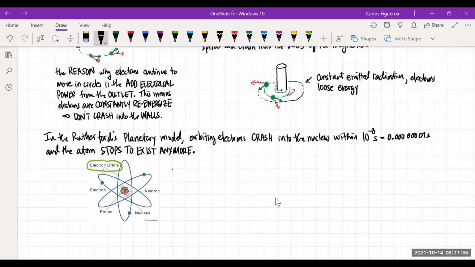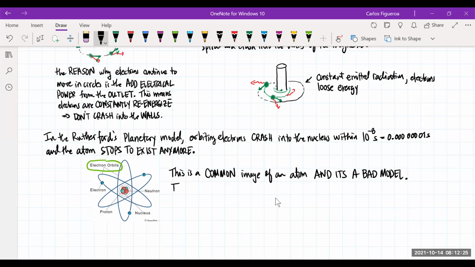This is a common image of an atom. And it's a bad model.